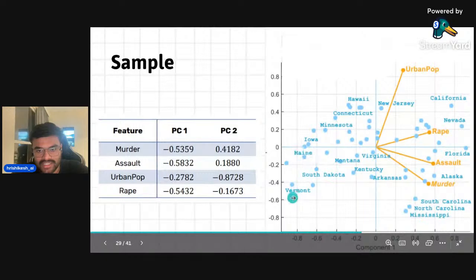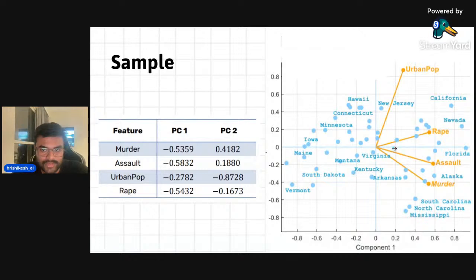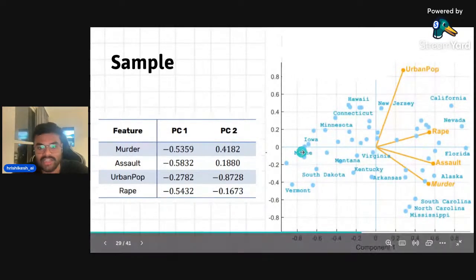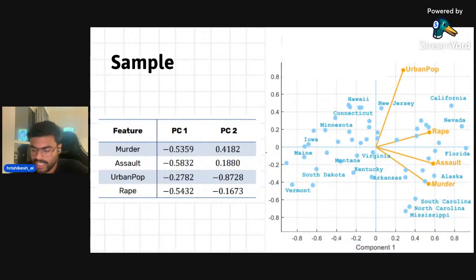These are the regions where almost no crimes are happening related to this. Also, they have a lower population there. So by converting 4 dimensions to 2 dimensions, we are still able to understand, and in an even better sense, what is going on. That's the really great part here.